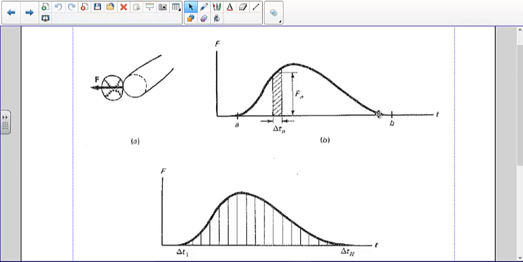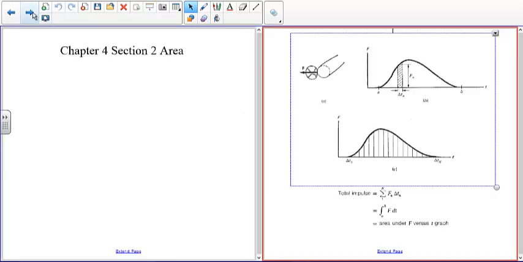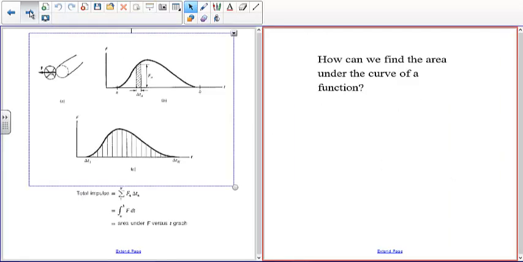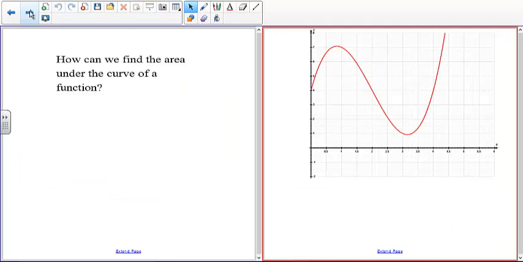So how do we find the area underneath the curve? Because it is actually important. So here's a curve. How would somebody estimate the area between the red curve and the x-axis?